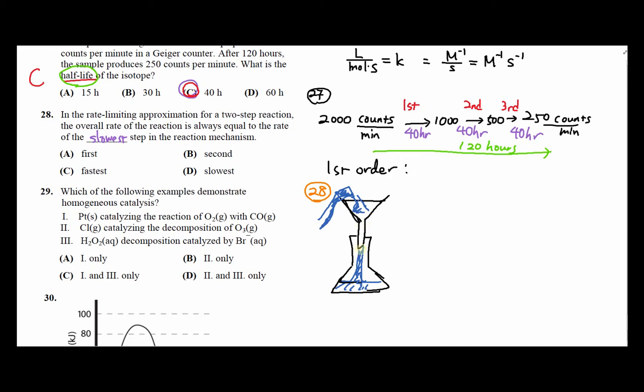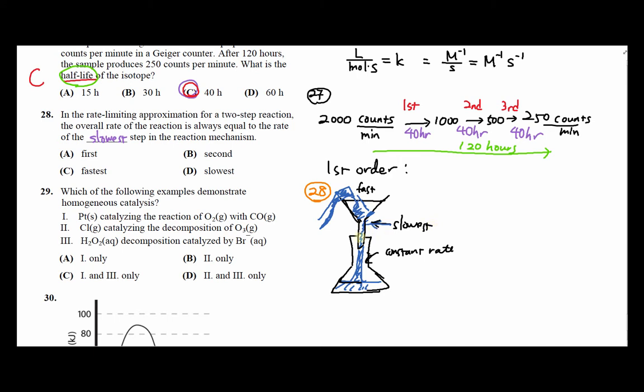the rate of this flowing down really depends on the diameter of the funnel. So you can expect, even though the inflow is fast and keeps increasing with the water level rising above the funnel, you will see a constant rate of water dripping down into our flask, and this represents our slowest step.